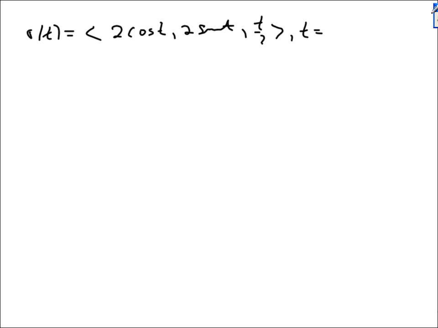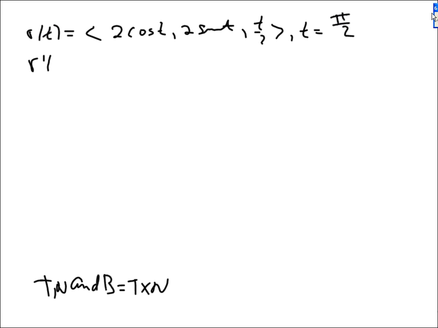And they tell us that we're concerned when t is equal to pi over 2. And they want us to find T and N and this B formula, which they tell us is T cross N. So we want to find T, N, and T cross N at pi over 2.